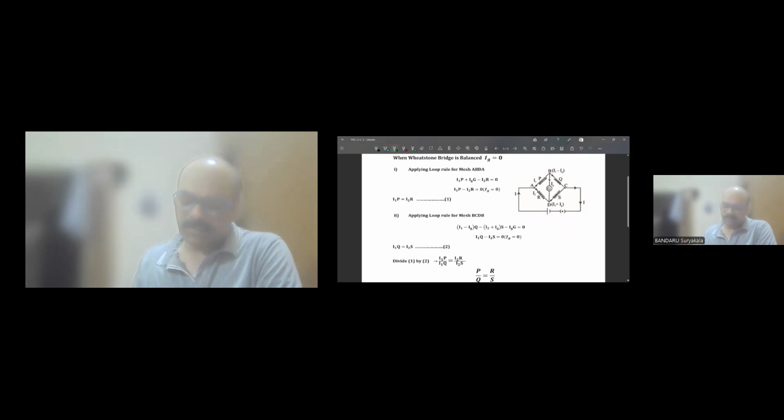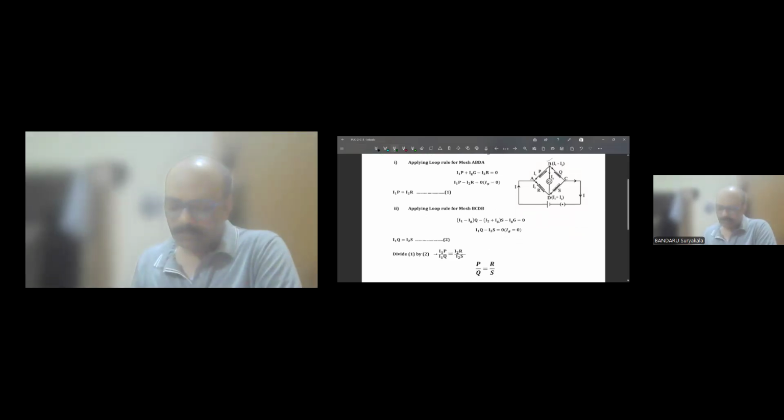After that, apply the mesh rule for BCD and you can write this equation. In between, if you want, you can apply the junction law also at B and D. Then after that, you write these equations like this.